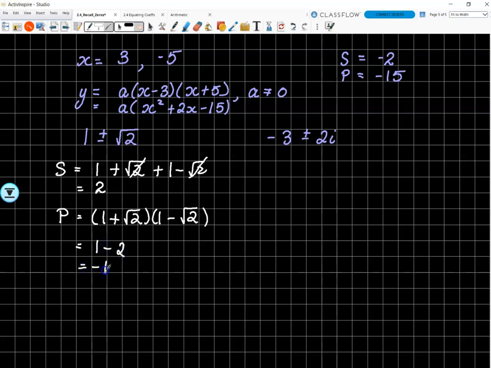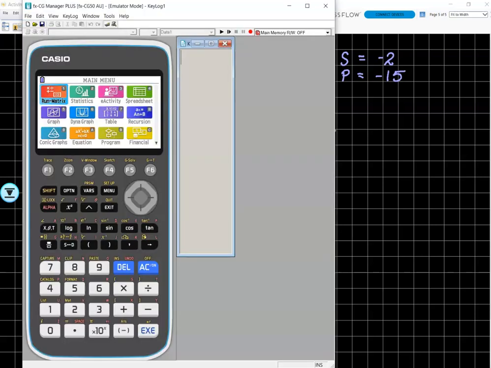So we get -1. And so lo and behold, this would then be y equals, oops, didn't leave room for the a, x squared. Reverse the sign for the middle term. Keep the sign for the last term. And just because I've got it open, we can check that we are right.